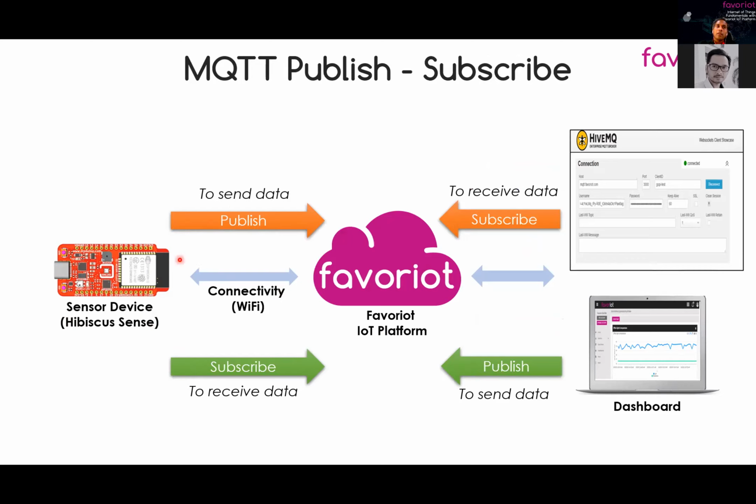And then we will also code such that the Hibiscus Sense subscribes to a particular topic, and when we send some command within the platform, it will receive it and we will do something on the Hibiscus Sense.